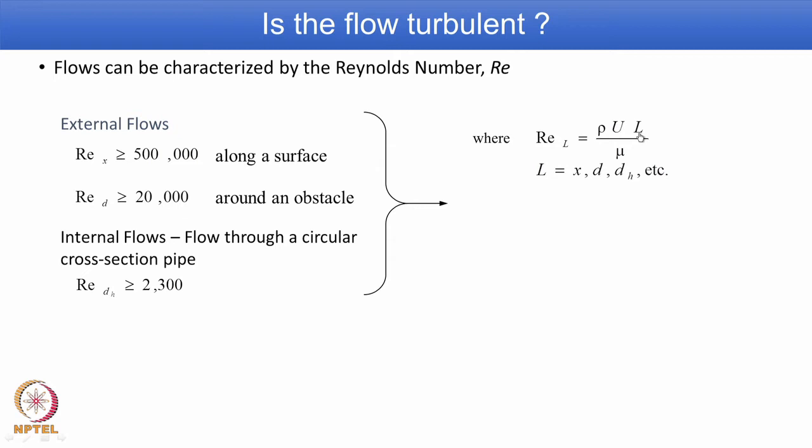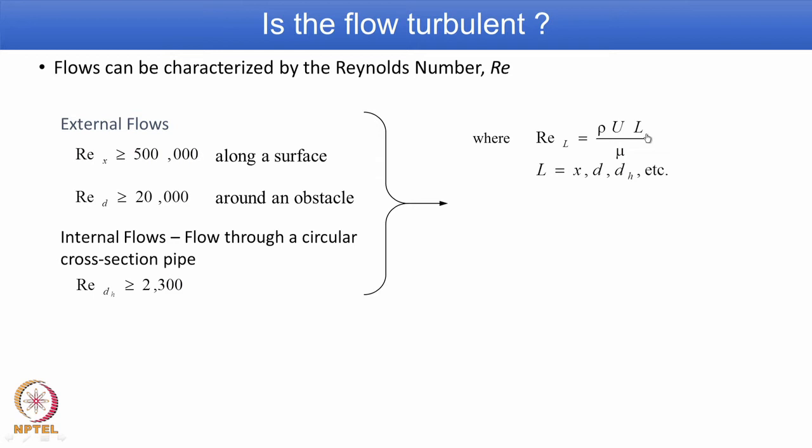So, for example, for flow through a circular cross section pipe, the well known example, the velocity scale U can be a center line velocity or it can be average velocity, bulk velocity. Similarly, for L, if you consider flow past a flat plate, the distance from the origin can be a length.